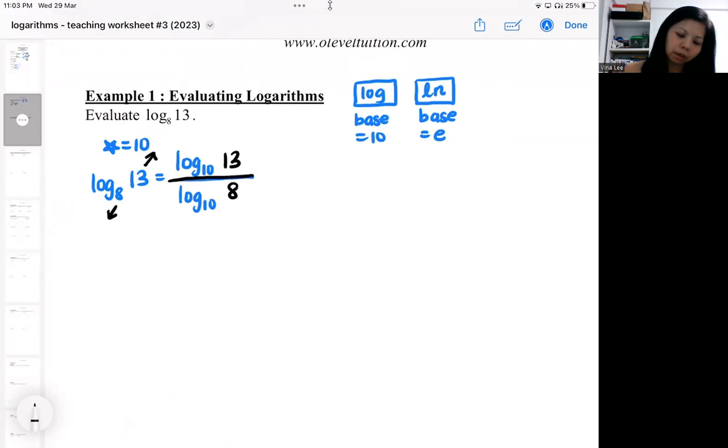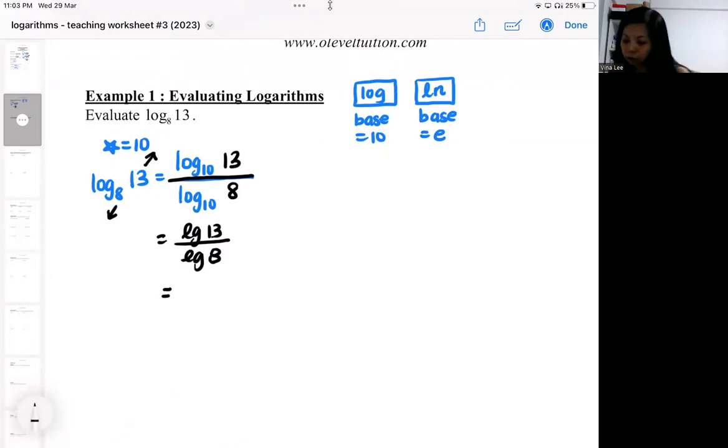Then you can punch the calculator, and you get 1.23.